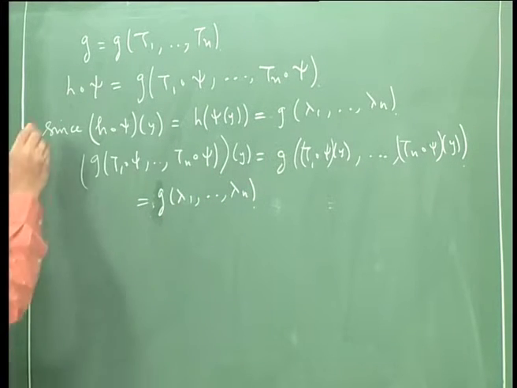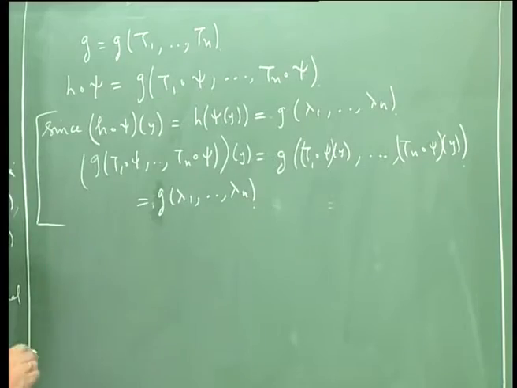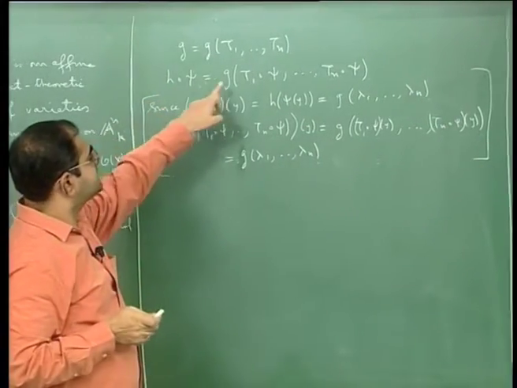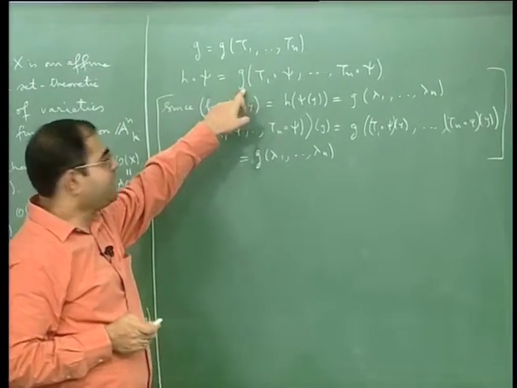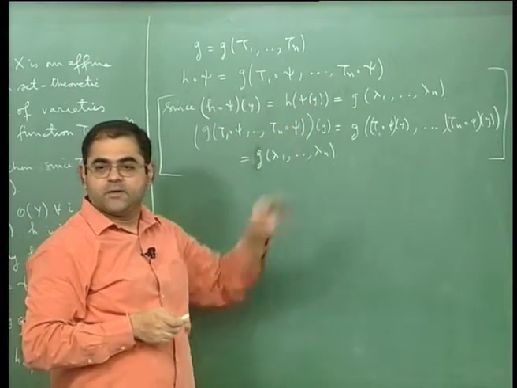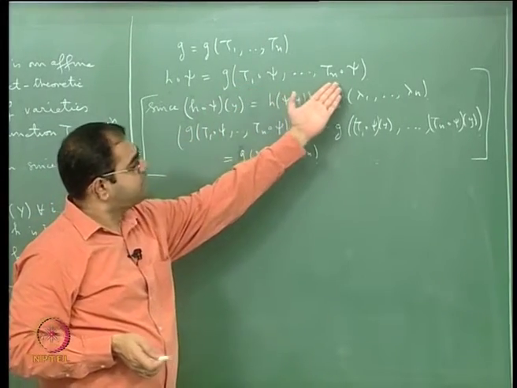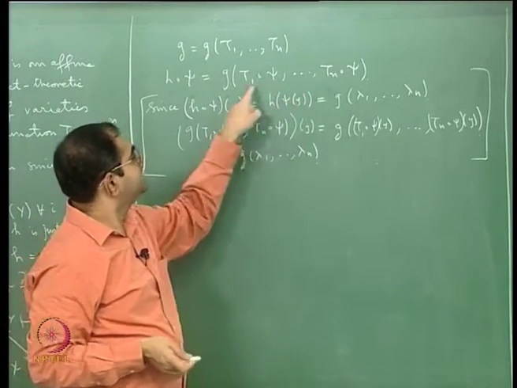So this calculation tells you that H circle psi is just a polynomial in the Ti circle psi. So what is H circle psi? It is a polynomial in these functions.